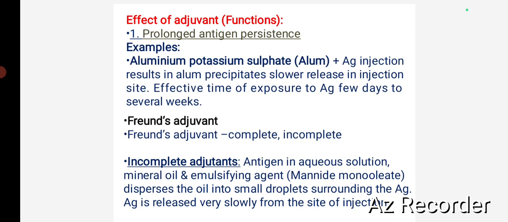Here the emulsifying agent we are using is mannide monooleate. In these three combined, the antigen is dispersed in oil as small droplets surrounding the antigen. When these combinations are injected, in this way they will be dispersed surrounding the antigen at the injected site. The antigen is released very slowly from the site of injection.